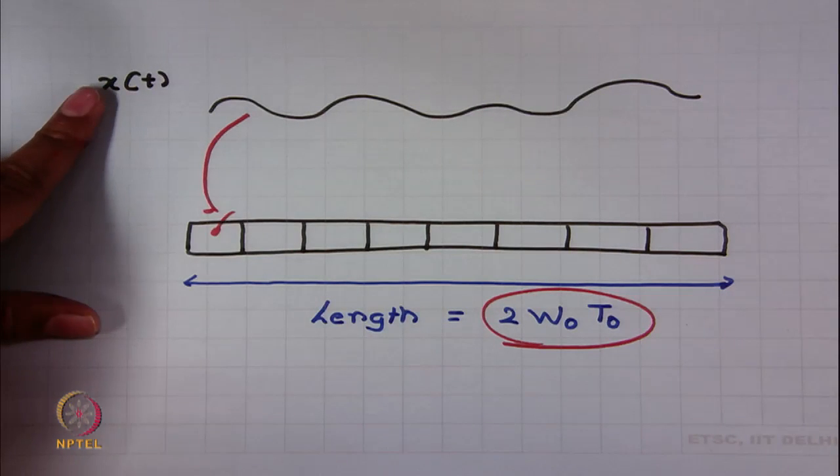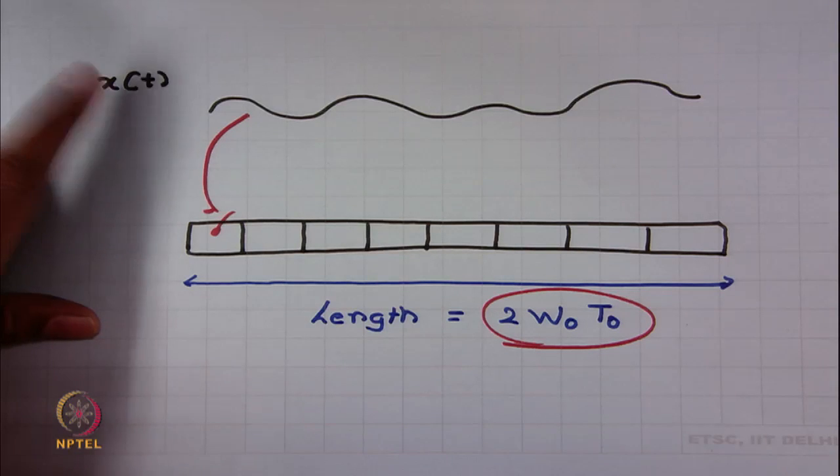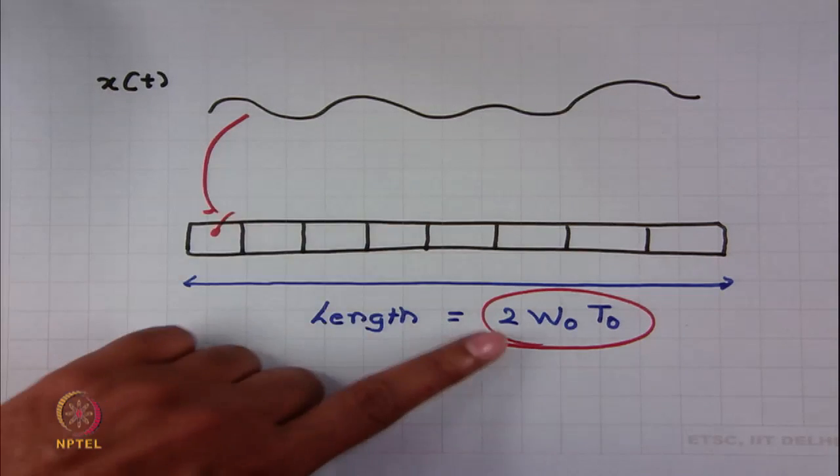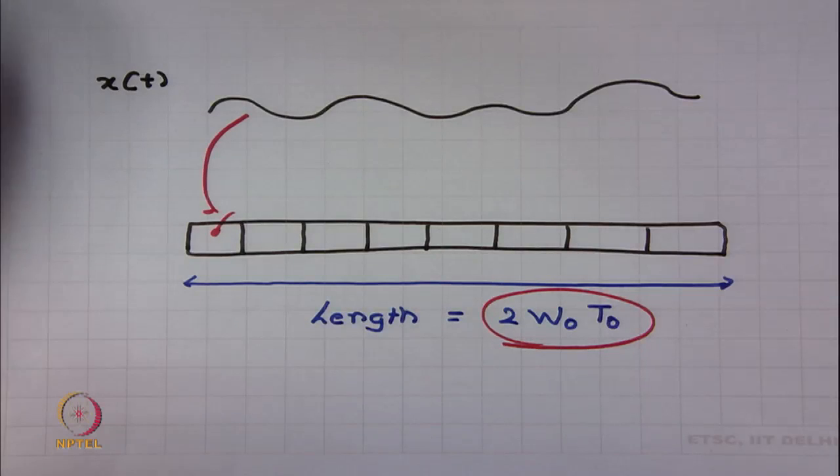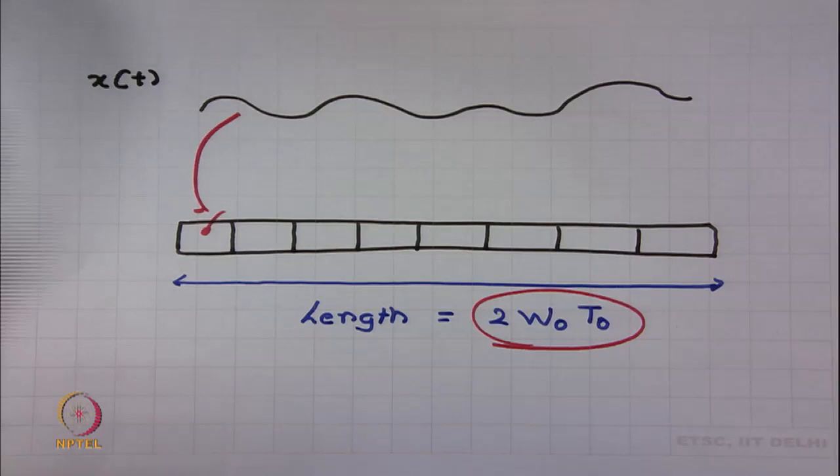If x(t) is a complex valued signal, then the number of complex numbers that we require to represent the signal x(t) is again 2W naught T naught. So, this looks easy and simple, is it not?